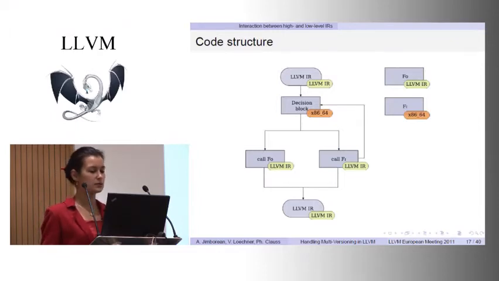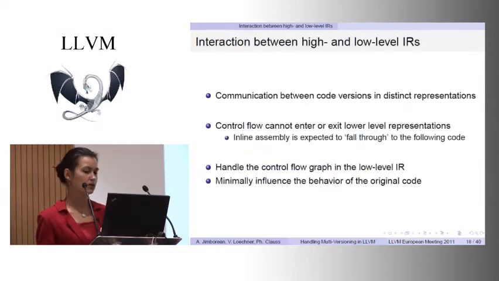And how do we do this? We need to communicate between the code versions, but also to ensure communication with our runtime system that ensures this switching between the versions. And the problem was that the control flow cannot enter or exit the lower level representation, because you know very well that inline assembly is expected to fall through to the following code.